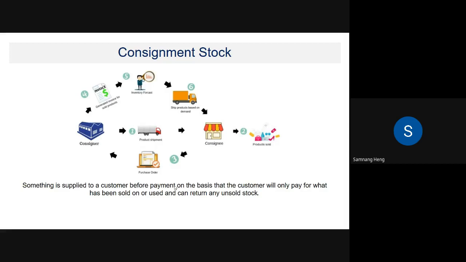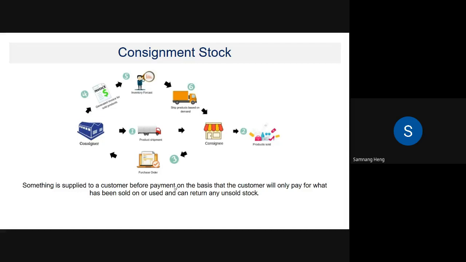So the point of consignment stock is, when you have a new product and you want to infiltrate the market quickly, you do a consignment agreement. If you have a new product, no one is going to trust our quality. So we contact the retailer and ask whether they could introduce our product to the consumer.